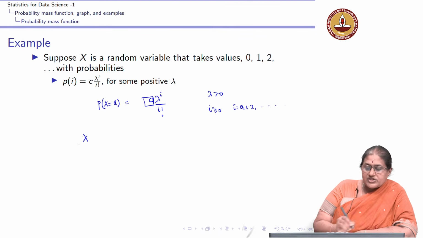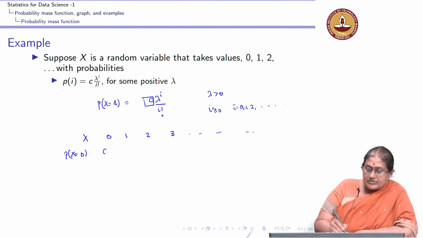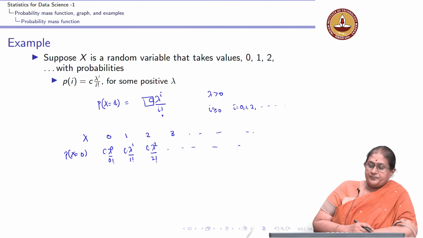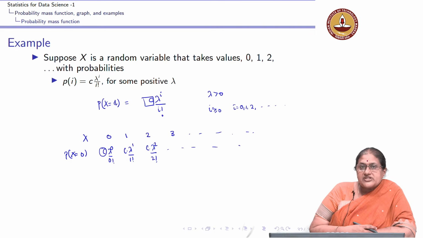X takes the values 0, 1, 2, 3 and so forth. Probability X equal to 0 would be C times lambda to the power of 0 by 0 factorial. This would be C times lambda to the power of 1 by 1 factorial, this would be C times lambda to the power of 2 by 2 factorial, and so forth. So, what value of C would make this a probability mass function?